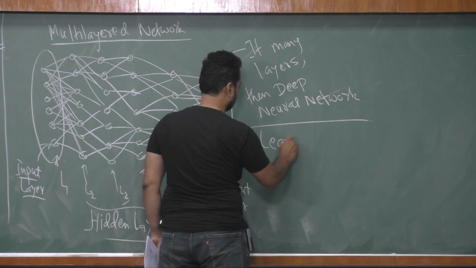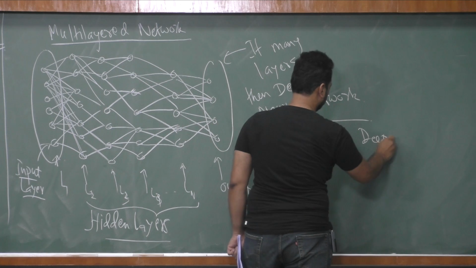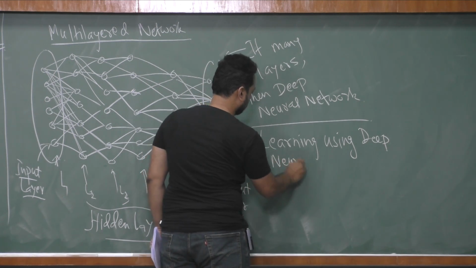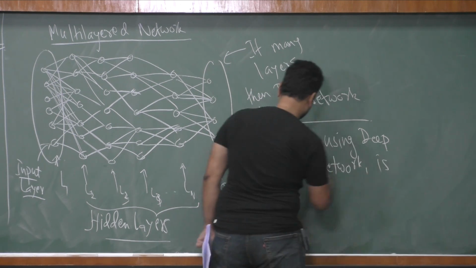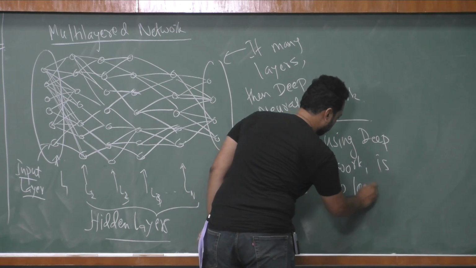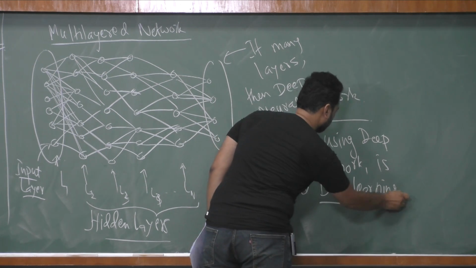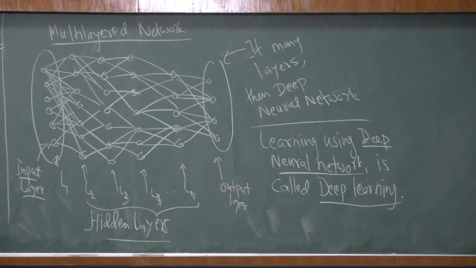Learning using deep neural networks is called deep learning. So these are the terminologies that you should be aware of. That's what hidden layer means, what hidden unit means.